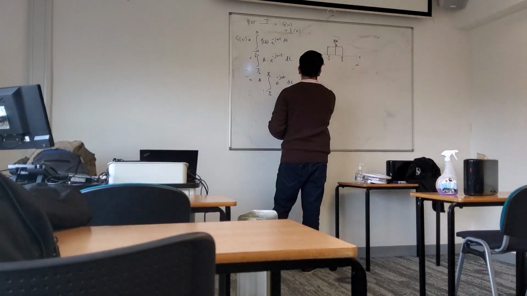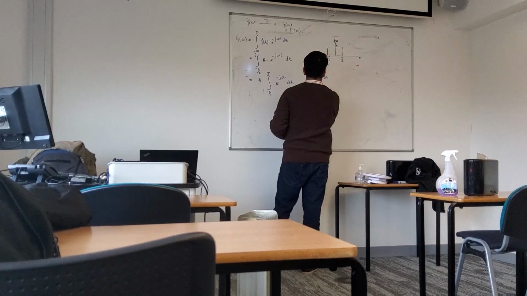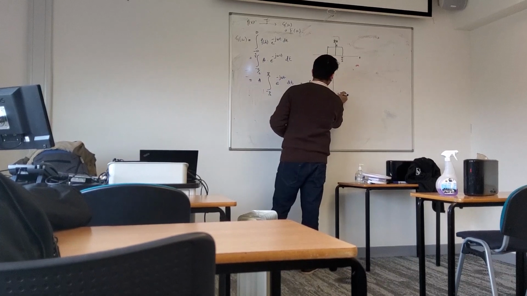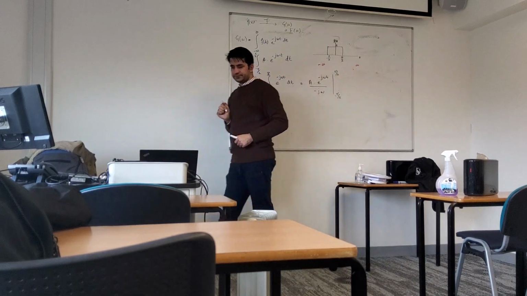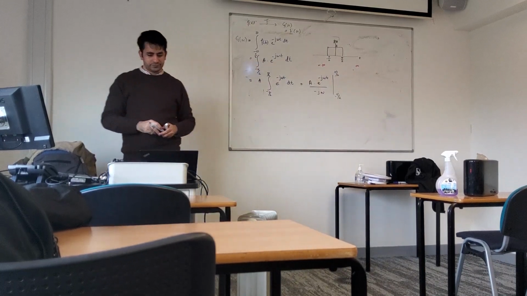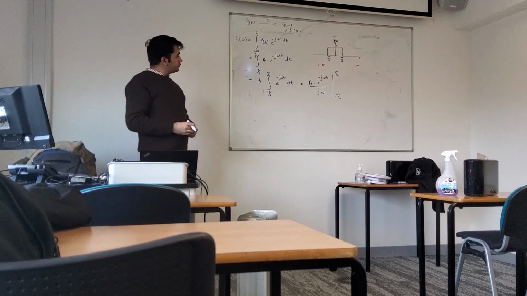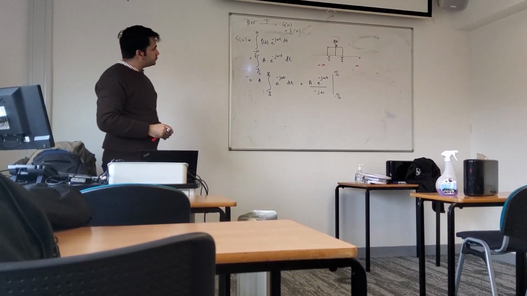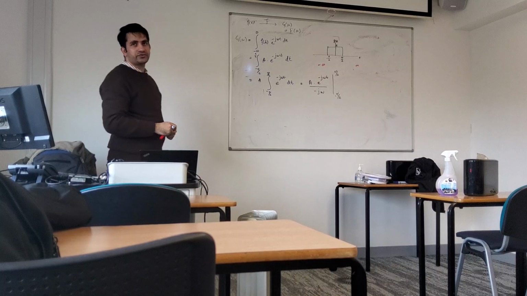So it would be a e power minus j omega t, and in the denominator it would be minus j omega, and the limit will go from minus tau by 2 to tau by 2. Correct so far, right?